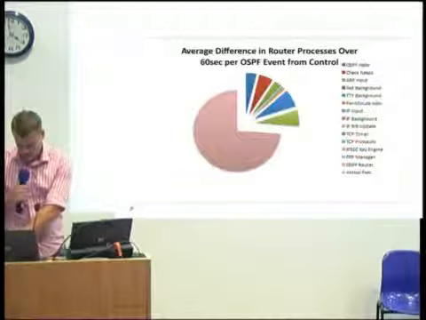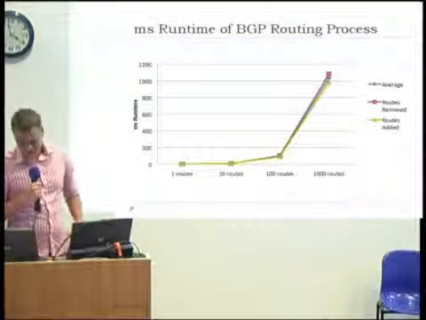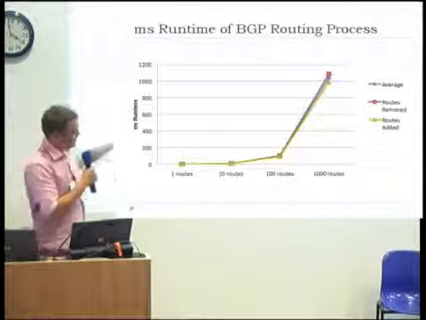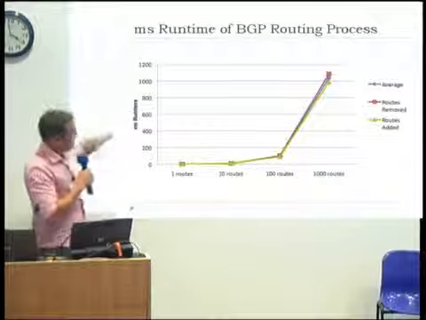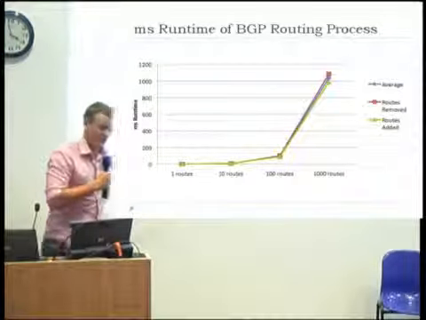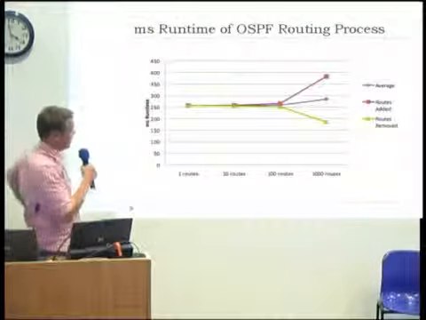So for the real meat of the presentation, if you calculate the millisecond runtime of the BGP routing process, and you increase the number of routes exponentially, the CPU utilization of that process increases exponentially. But with OSPF, it's slightly different. It seems to be quite linear.